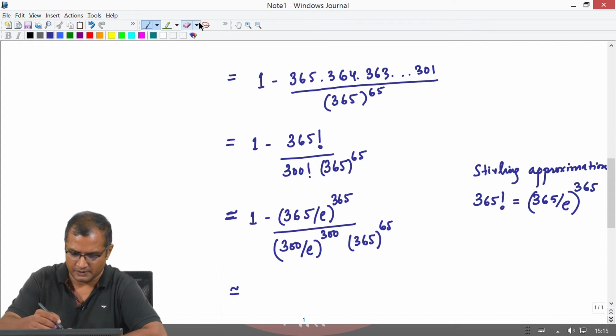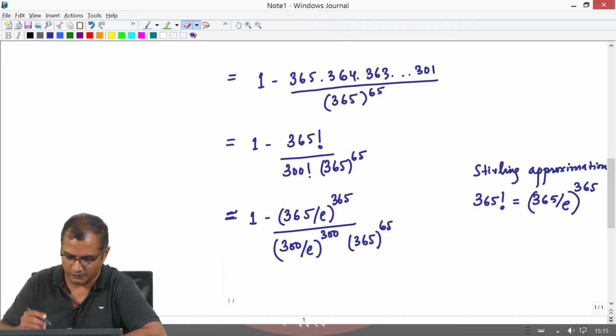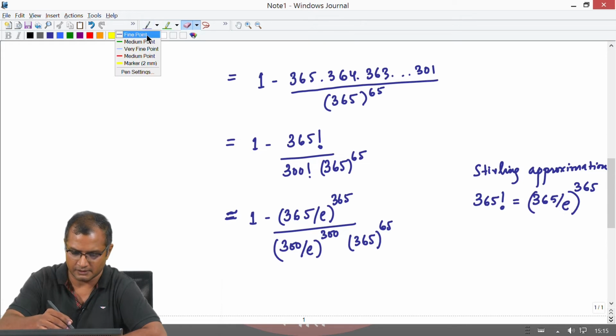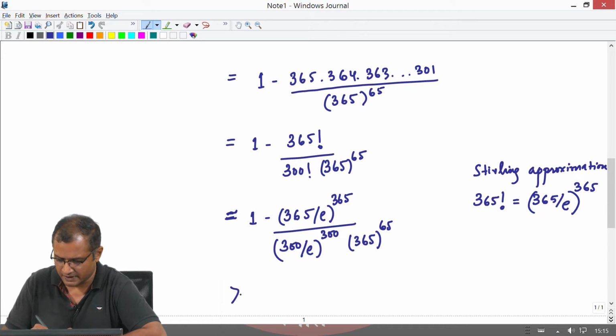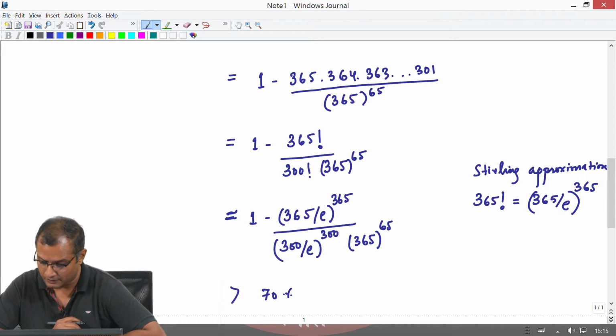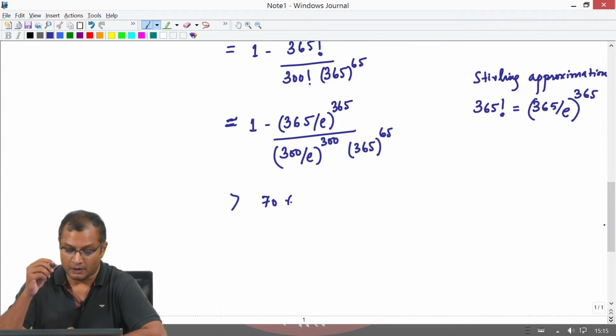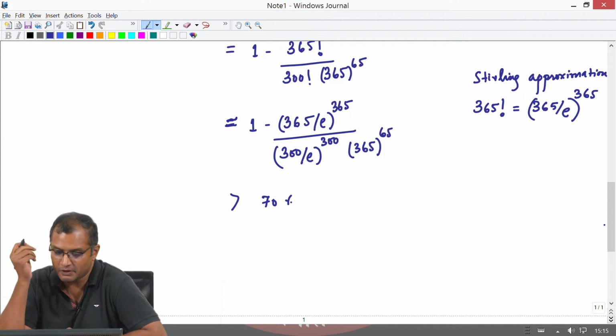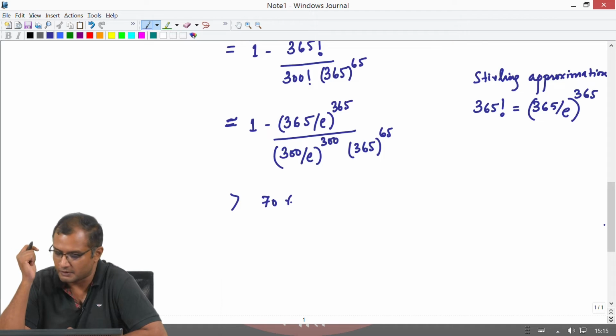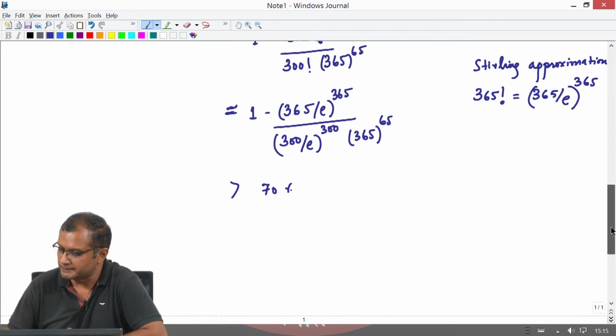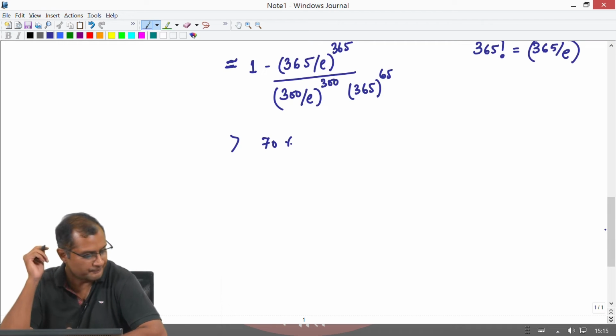So, the exact answer can be computed by using a calculator, but it would definitely be greater than 70%. Okay. Now, this is an example of doing this problem objectively without using any formulas.